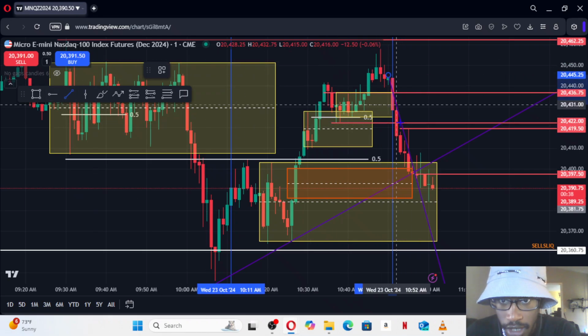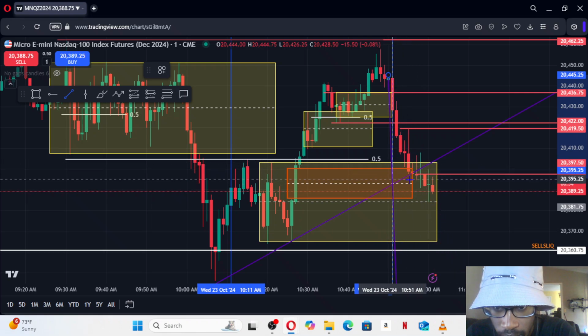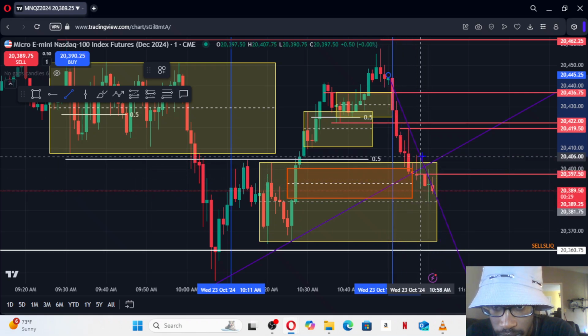Also, if you want to draw the trend line for this retracement, so low, put in, high, put in, it'll be like this.